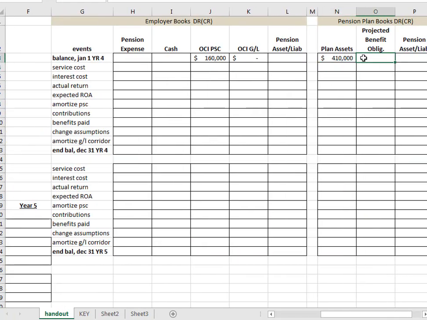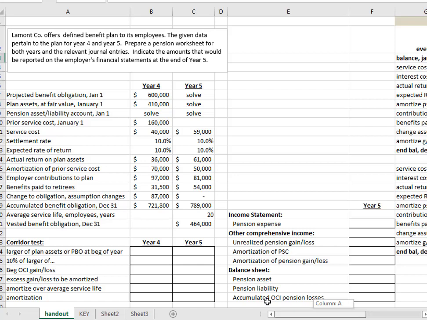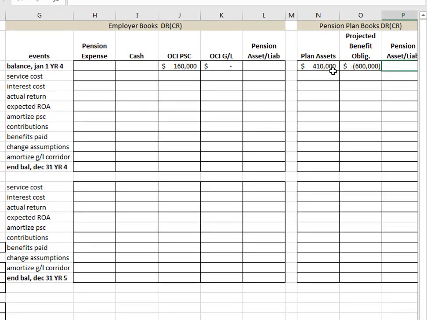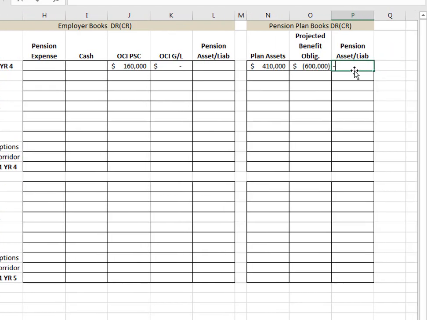And then the beginning obligation, and of course that's carrying a credit balance, is $600,000. All right, and so here we have a net liability because the obligations are greater than the assets. And so on the employer's books, a liability for the $190,000, a credit, would be reported. Okay, so there's our beginning balances.